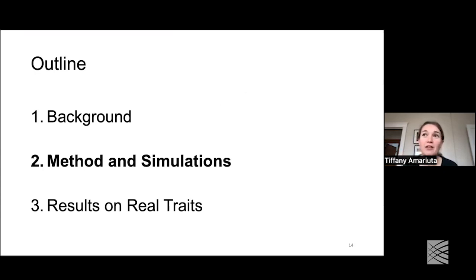Okay, yeah. So the method that we're presenting today is the first one to try to partition this space. When I get into the results on real traits, we'll see some examples of potentially counterintuitive identification of tissues that might be involved, or simply pinpointing of tissues, and the identification of other tissues as just being tagging.